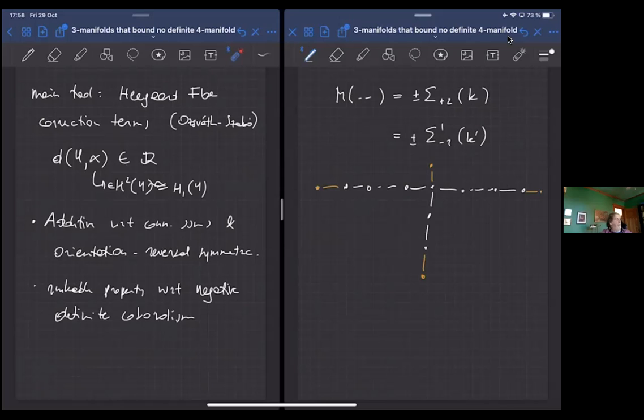So is this phenomenon of constructing such a manifold generic, or sporadic? What do you think? I want to say that there is absolutely no reason that if you give me a random 3-manifold, it bounds something definite. By experience, it's really, really hard to construct them. We had to sift through maybe 30 examples, maybe more, before we could find one that worked.